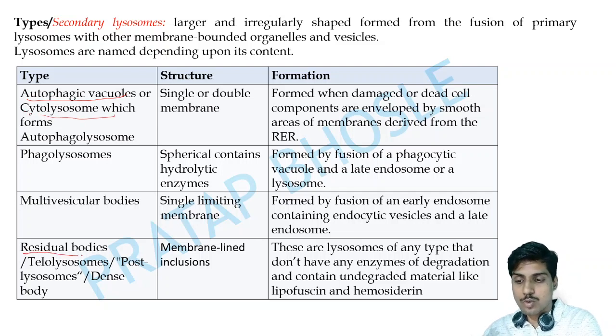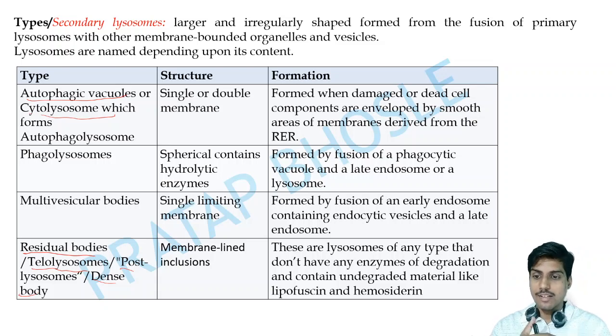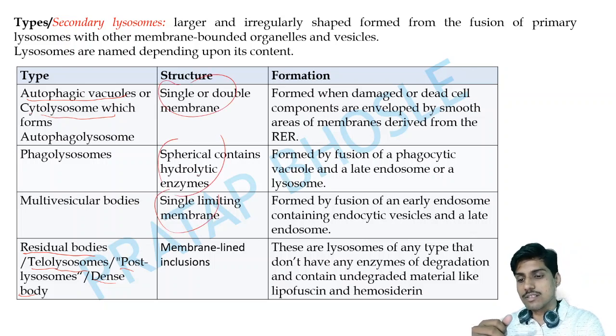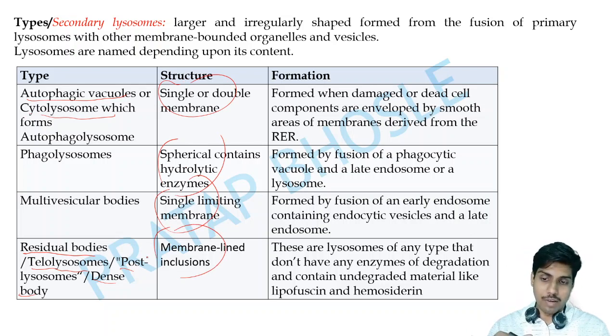Or the residual body is also called telolysosome, post-lysosome, or dense body. Okay, you just have to remember all these synonyms, because the question might be asked with the synonyms only. Okay, so these are the structures of all these vesicles, and we should differentiate them by a few points. And how these are formed I have already explained.